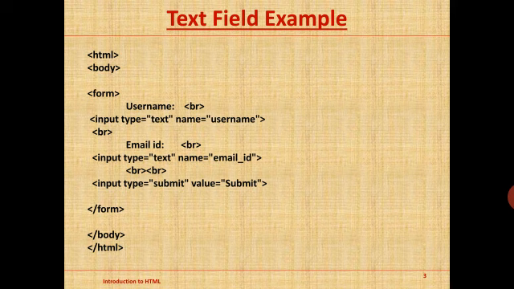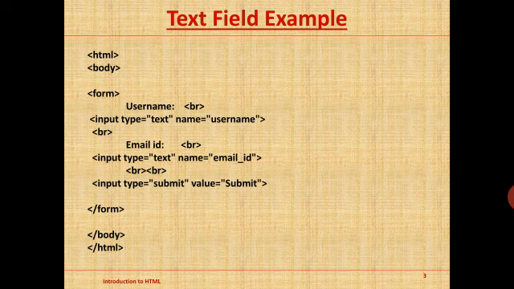The radio button and the submit button perform different functions. The submit button here in this example is used to submit the form. Here, the name of the submit button specifies the text shown on the button.